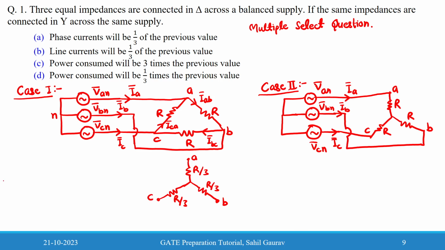Now first we will see the line current. The line current in the first case will be VA divided by R by 3.